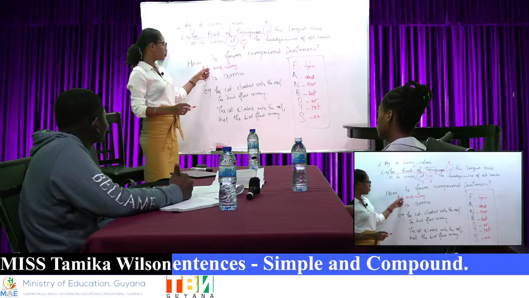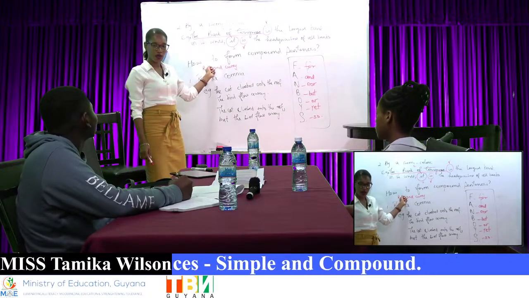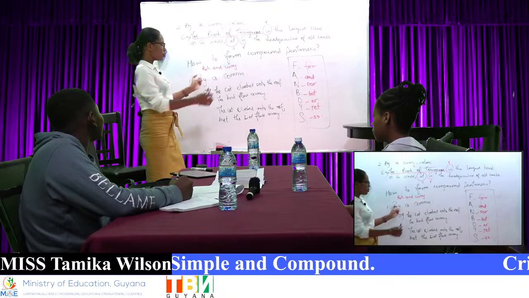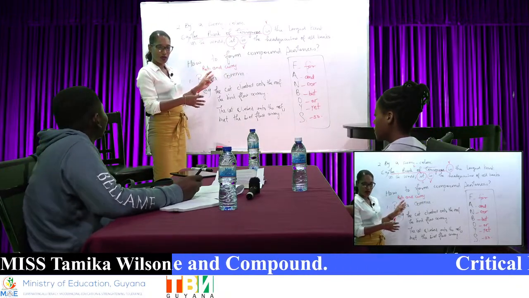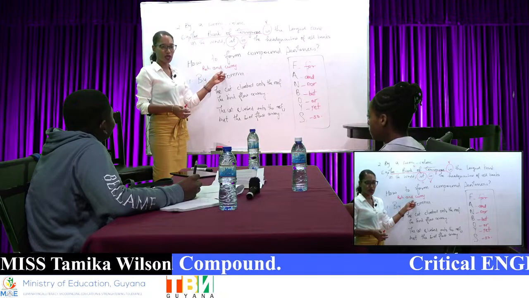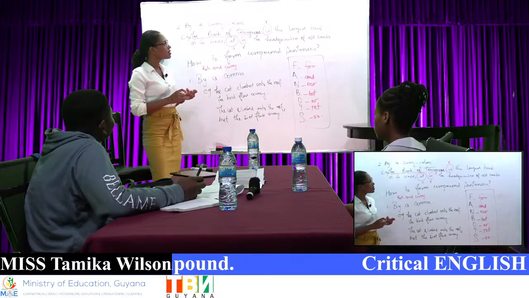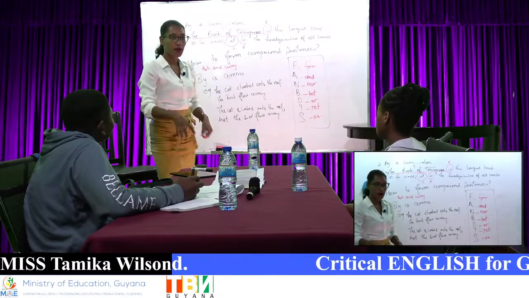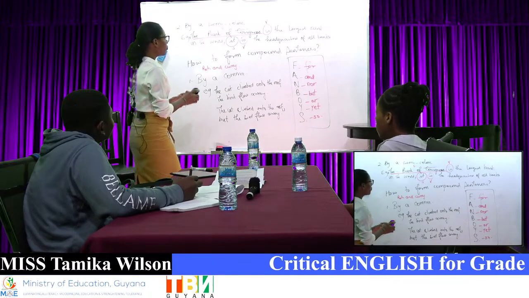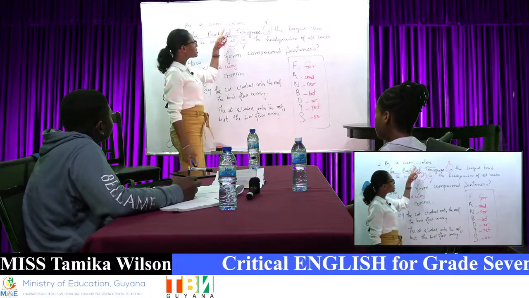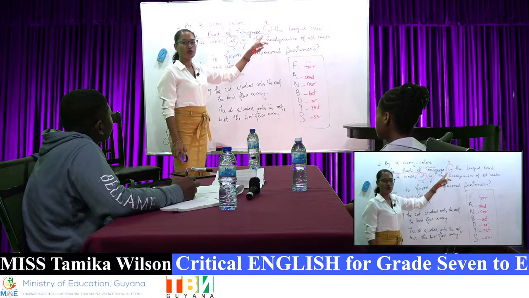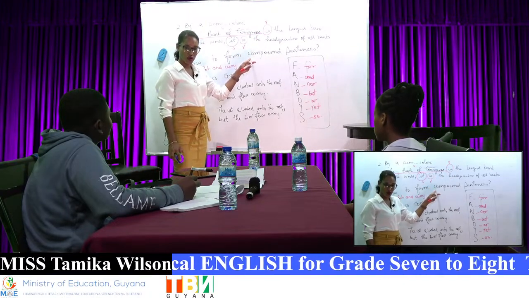Roti is something separate from curry, but we put them together, isn't that so? Yes. And we get a compound subject. So in order for us to identify a compound sentence, we must have two subjects and two or more verbs.